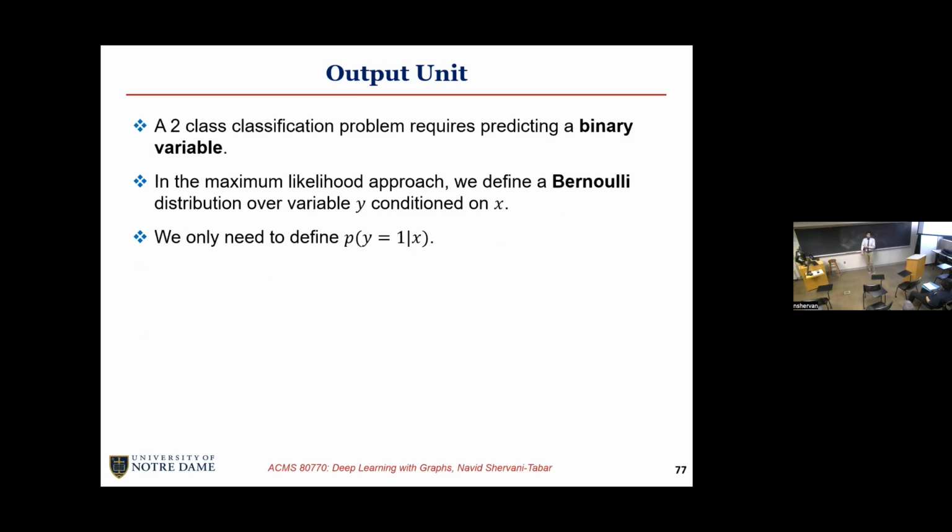So now let's say that we have a binary classification problem. In this problem, I'm only looking for the true event. I want to find the probability of the true event. My model is essentially a Bernoulli distribution.